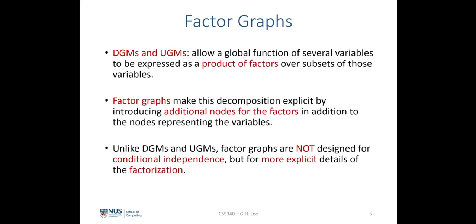So instead, factor graphs are designed for more explicit details of the factorization. So what this means is that given a factor graph, there's only one way to write the factorization of the product of factors for a joint distribution.